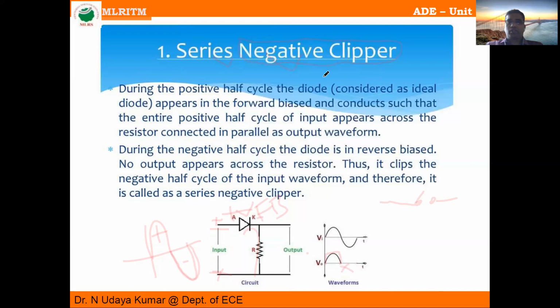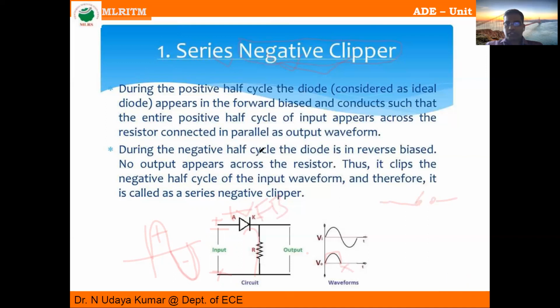Series negative clipper, only negative portion. This portion we don't want. That's why we want only the positive portion. For that purpose, we use a negative clipper. Okay. During the positive half cycle, the diode, considered as an ideal diode, appears forward biased and conducts such that the entire positive half cycle of the input appears across the resistor connected in parallel as the output waveform.